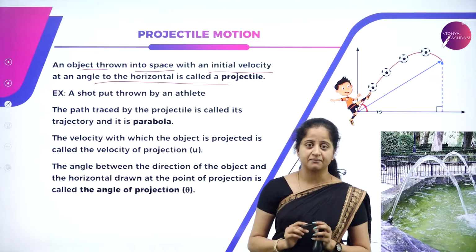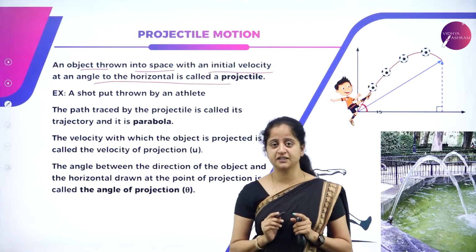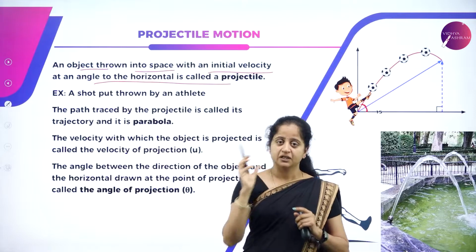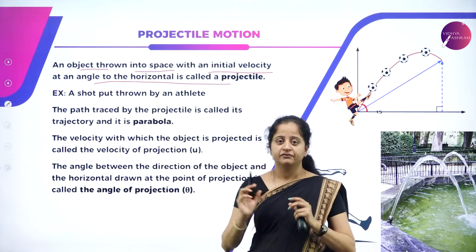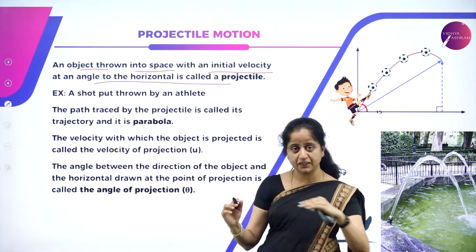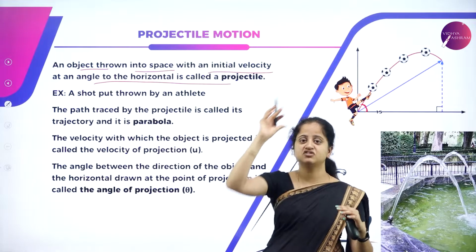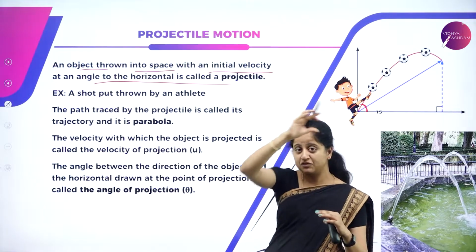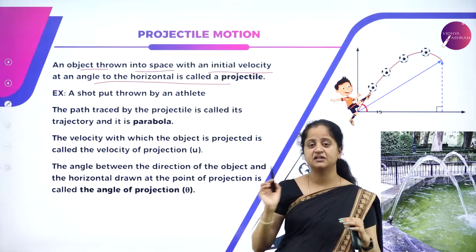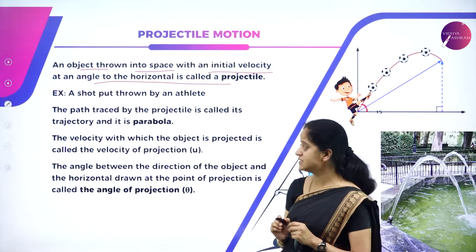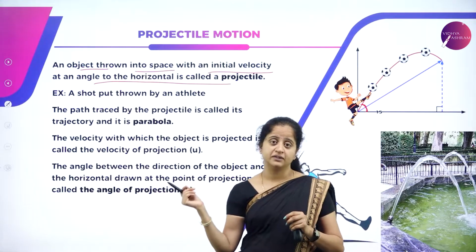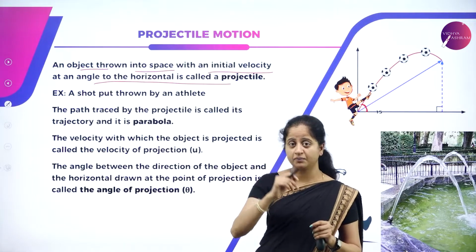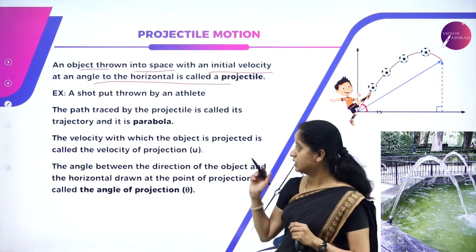What is an example? An example of a projectile is a shot put. If we throw the shot put, which makes an angle with respect to the ground, and it is thrown into space, we call it a projectile. Also the javelin throw and shot put, all these are examples of projectiles.